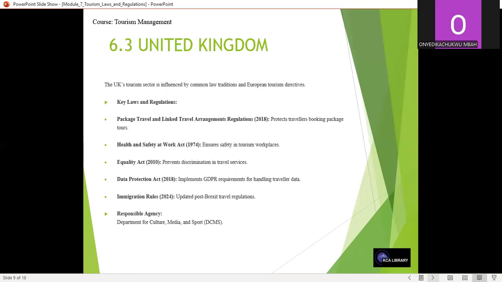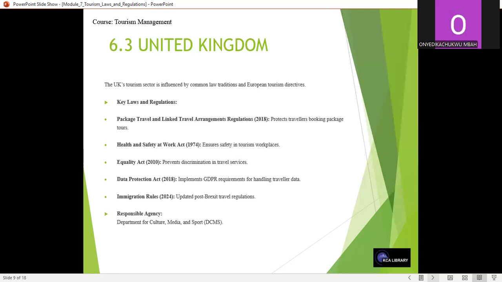We have the Health and Safety at Work Act of 1974, which ensures safety in tourism workplaces. We have the Equality Act of 2010, which prevents discrimination in travel services. We have the Data Protection Act of 2018, which implements GDPR requirements for handling traveler data.